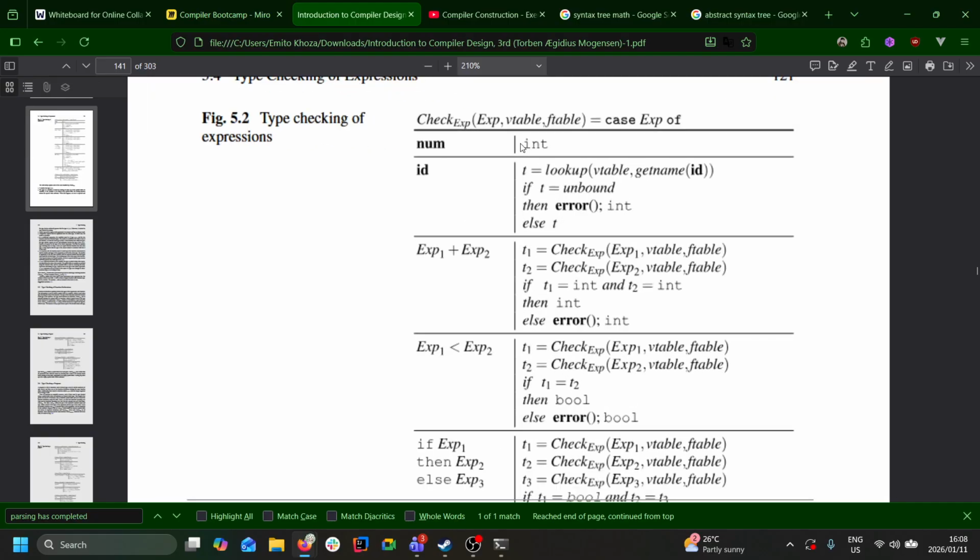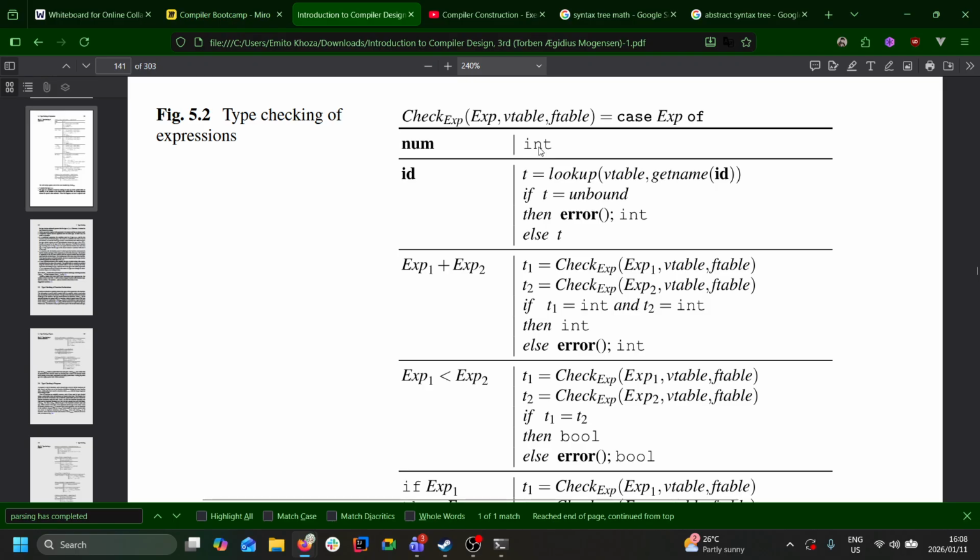So instead of a return value, it's just going to say this is an int. The v table lookup, get the ID: was the value declared? So over here, if we have an ID in chapter 5, we see does the ID exist in our v table.